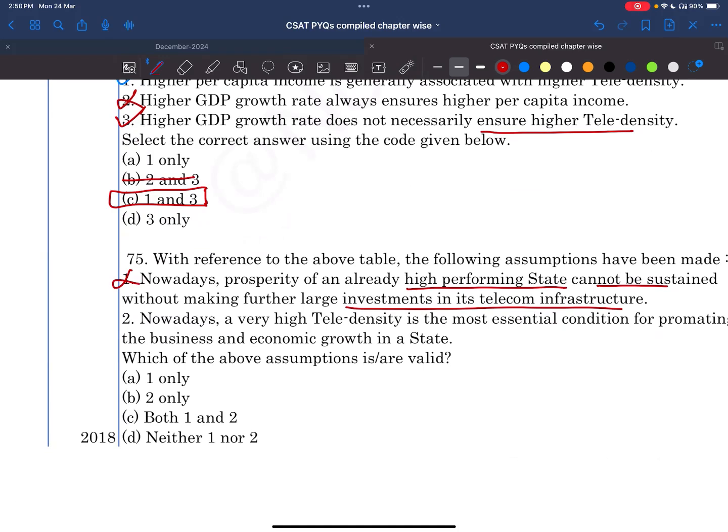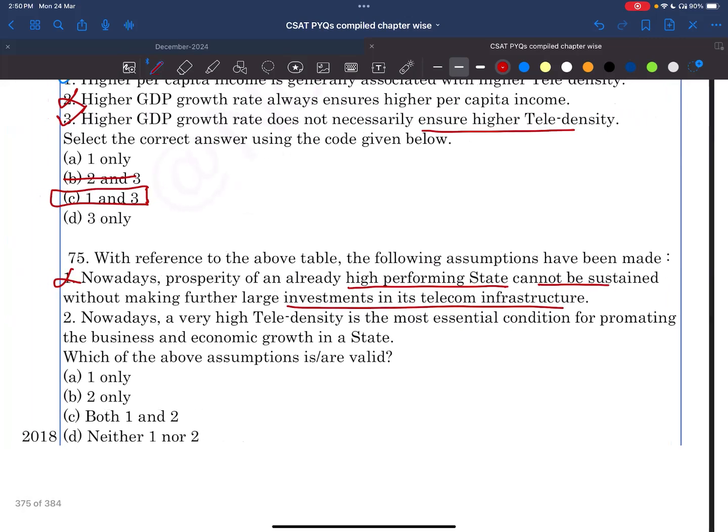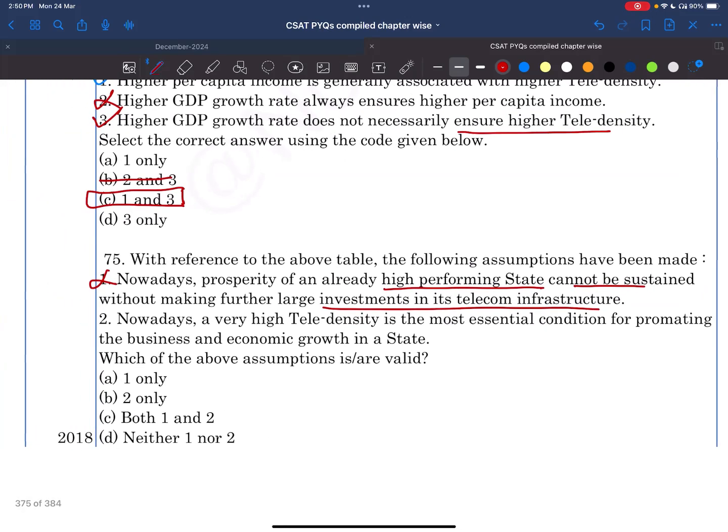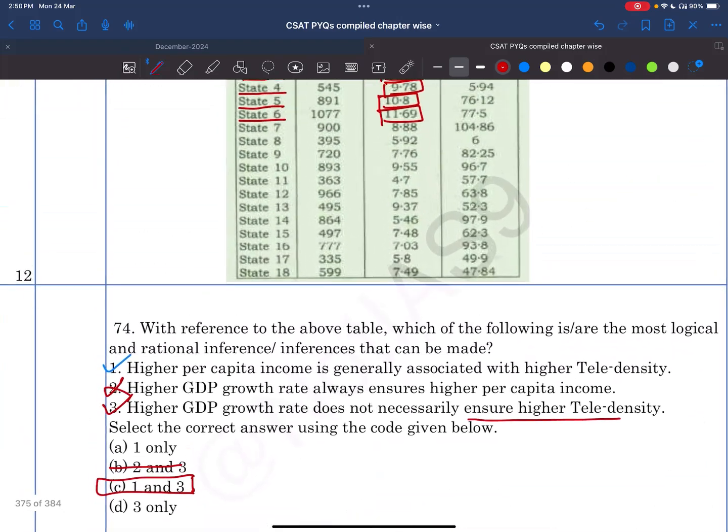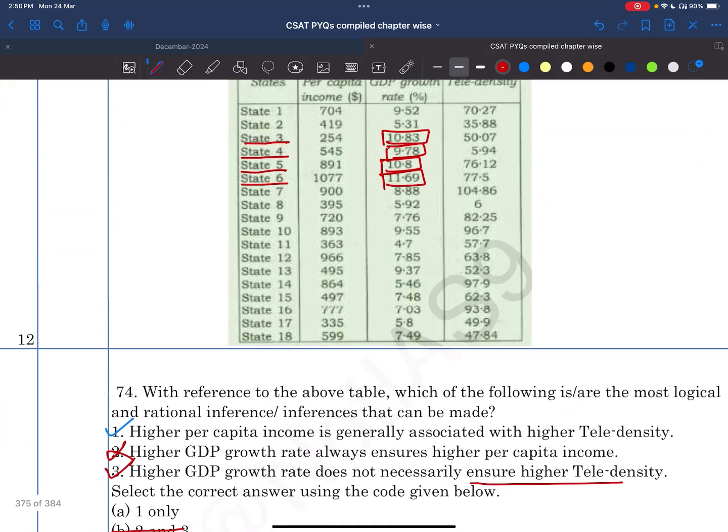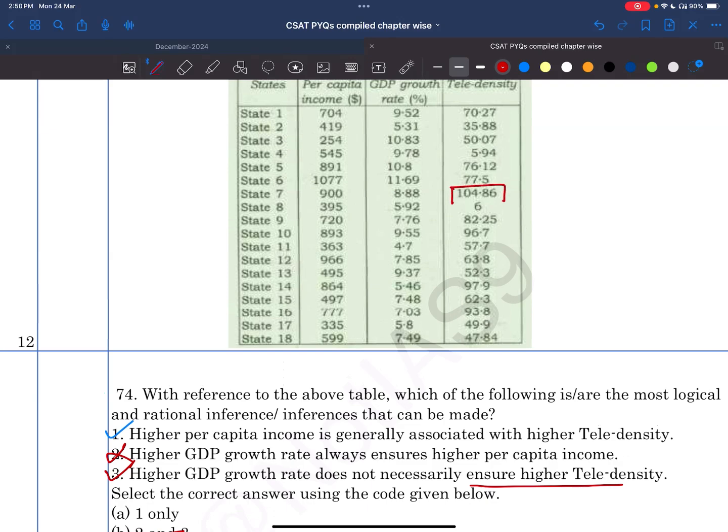Right? Now let's go to statement 2. Nowadays, a very high tele density is the most essential condition for promoting business and economic growth in the state. See here. Where the tele density is highest, this is 104. Okay. This is 96, 97. Okay. See the corresponding values. The growth rate is 8 only. Here this is almost 9.5.